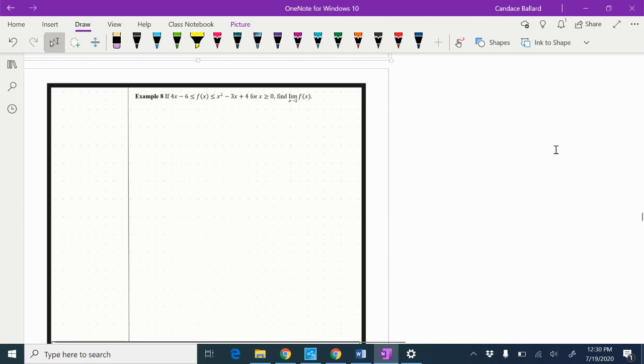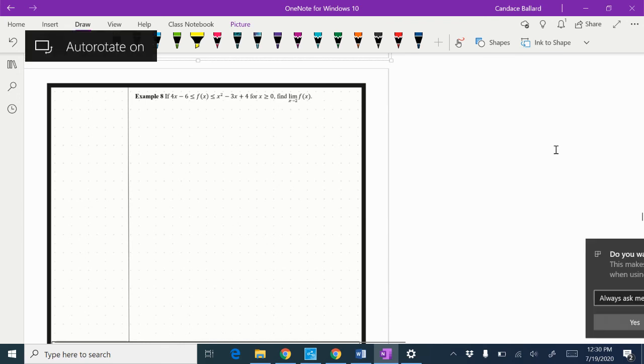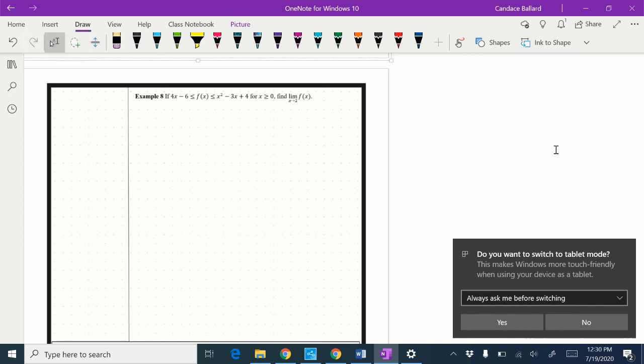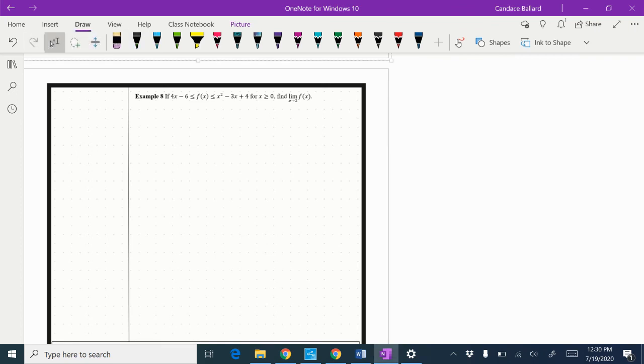All right, let's look at example 8 here. We've already done something like this in the last one, it's just phrased a little differently, so that's not a big deal. I'm supposed to be finding the limit as x approaches 2. They didn't give me what f was, but they gave me two functions on either side. So I'm going to take the limit of those two functions.